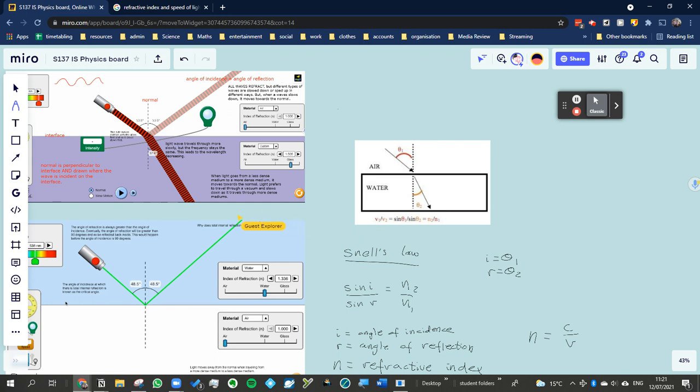You can do it coming out of air or going into water. It doesn't really make any difference, you can still calculate the answer. So the task is to work out the refractive index of water and the refractive index of glass.